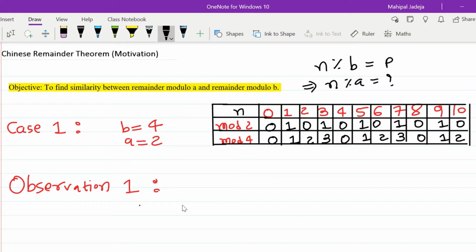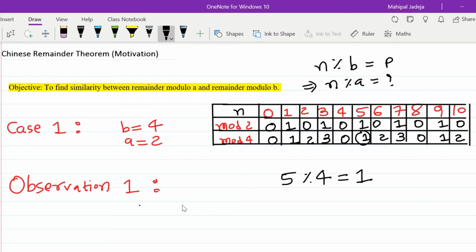So now let's talk about one particular scenario where I am fixing n equal to 5. I'm considering the value of b equal to 4 here, so I'm talking about 5 modulo 4. So 5 modulo 4 corresponds to this number, which is nothing but 1.